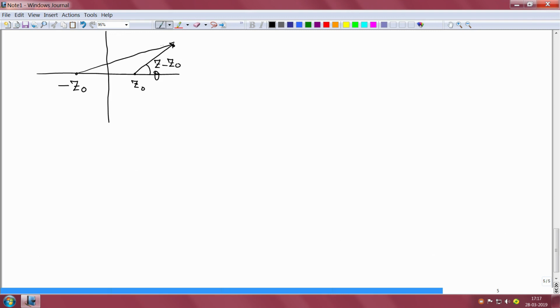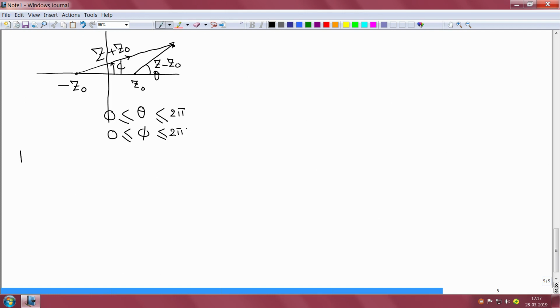This is z plus z0, phi measured from here. Theta limits are 0 to twice pi, and phi limits are the same, 0 to twice pi.